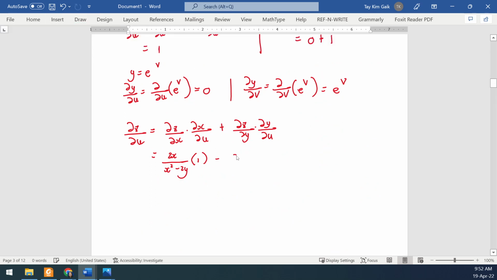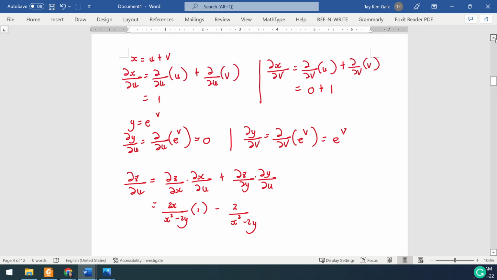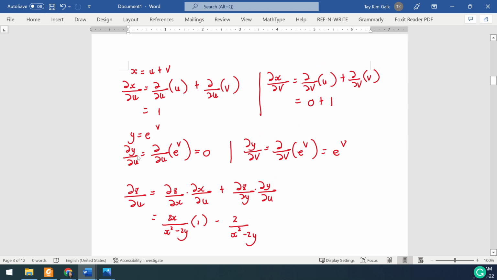So negative 2 over x squared minus 2y. So your del y del u that you obtained just now is 0. So this one is 0.